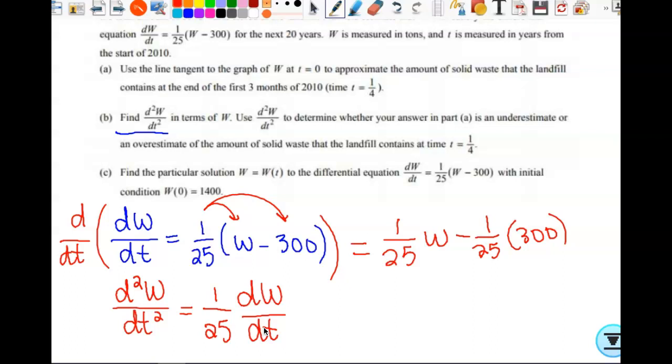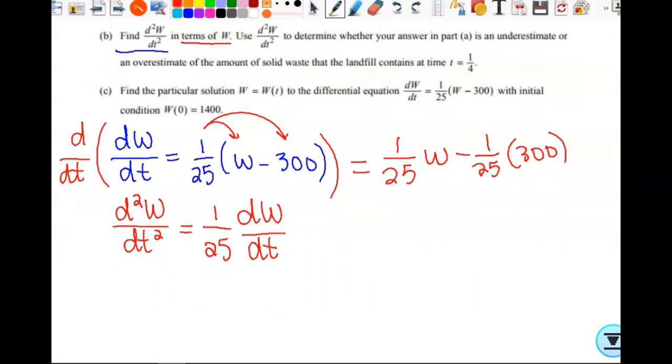Because we're right here, in terms of W. I missed that. I stopped right here, and then I went on to answer the second part of this part B. But we can't stop here. In terms of W, dW/dt is a whole different quantity. A lot of kids say, well, it is in terms of W because there's a W right there. No, it's in terms of dW/dt.